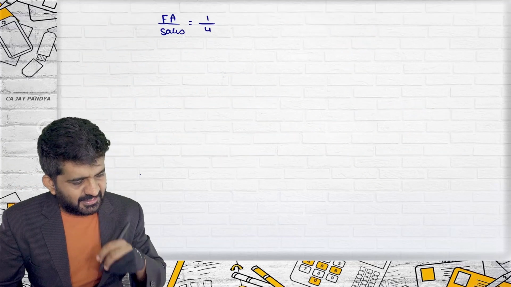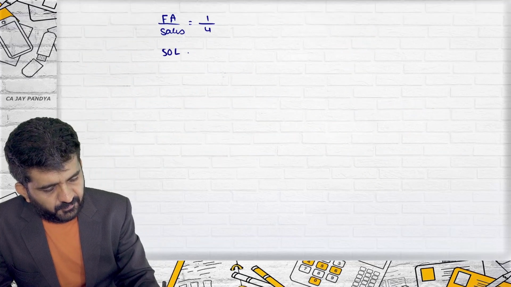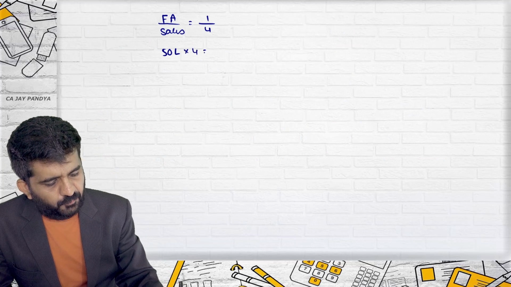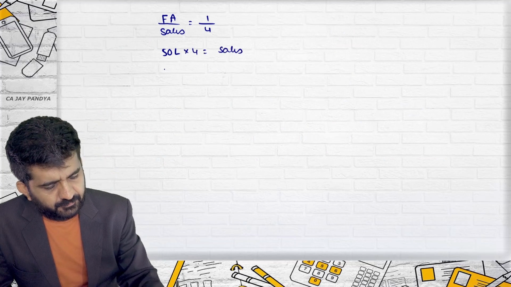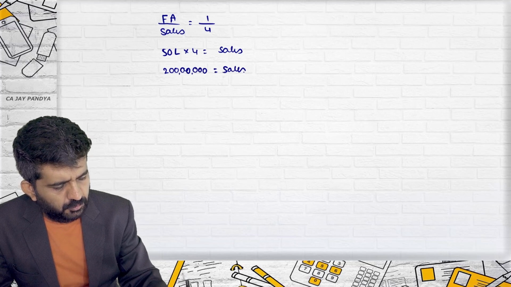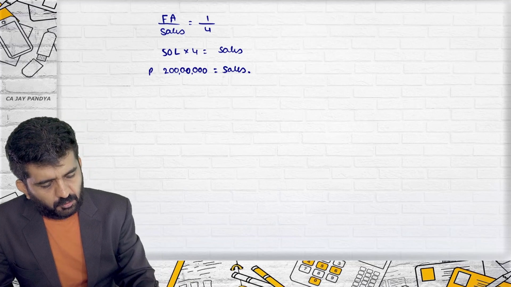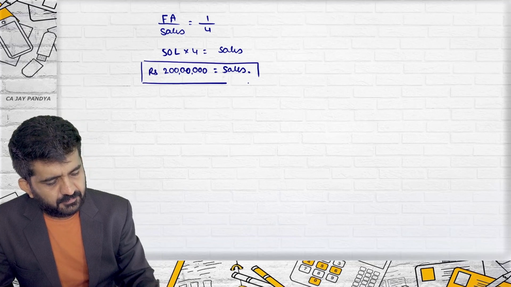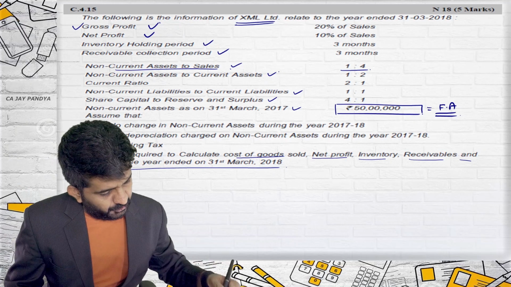What is fixed asset? 50 lakhs. 50 lakhs into 4 is equal to sales, which is 2 crore. So I got my first answer, which is sales, but I need COGS.